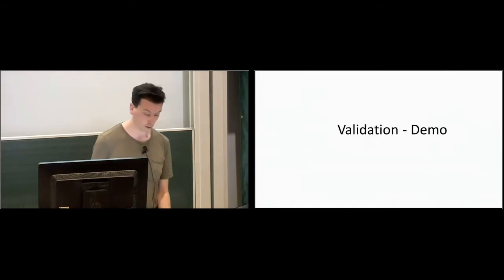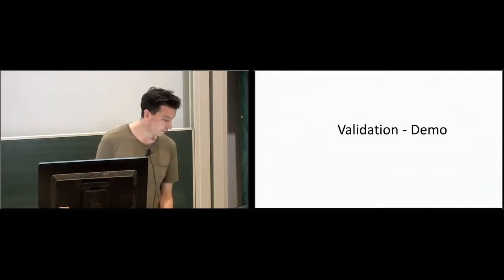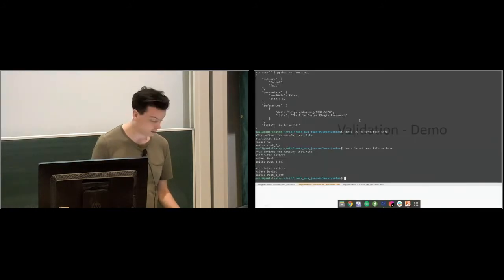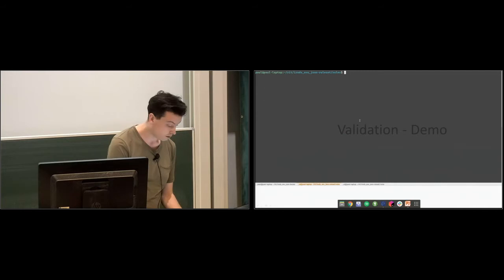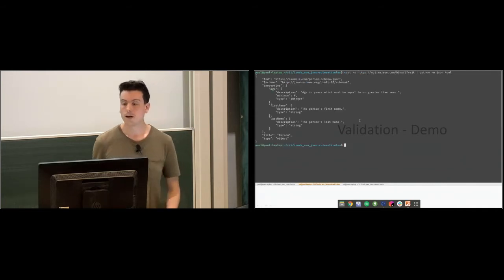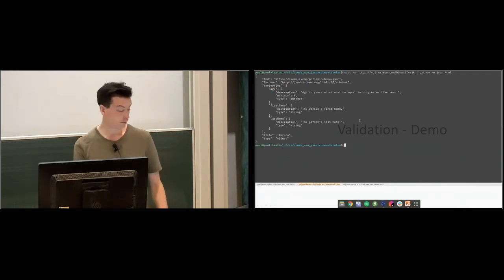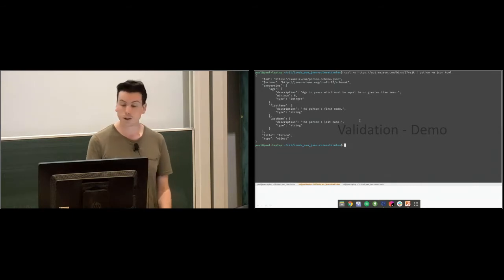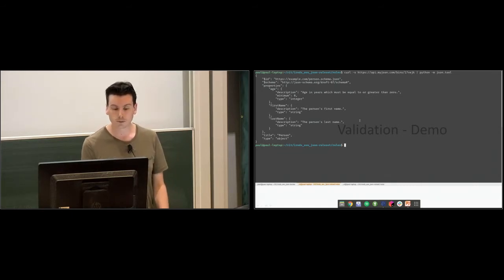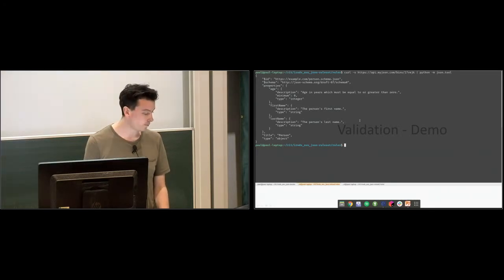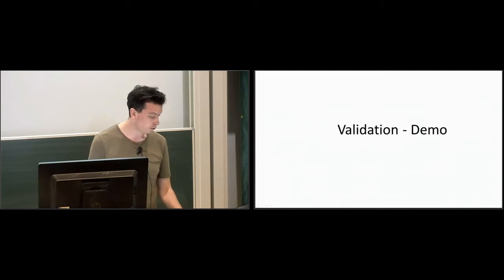So just to give you a quick demo of that piece. We've got this JSON schema here on the web, and this is the one that I showed before with the age and the person, a slightly simplified version of that, and we're going to set this to our test2 file.